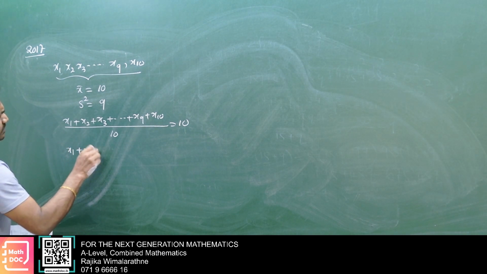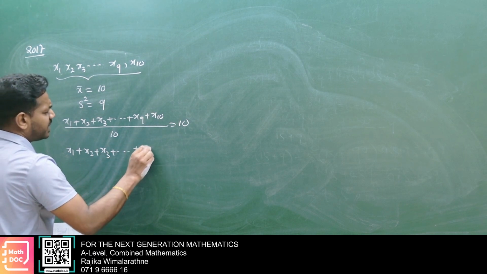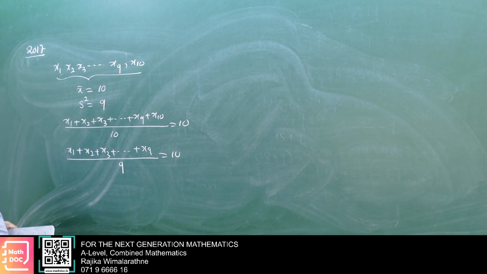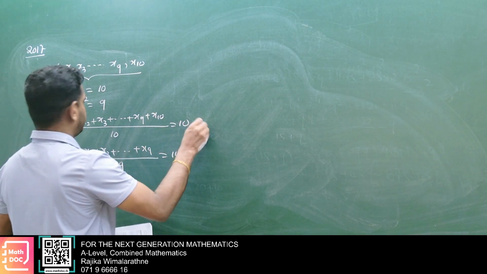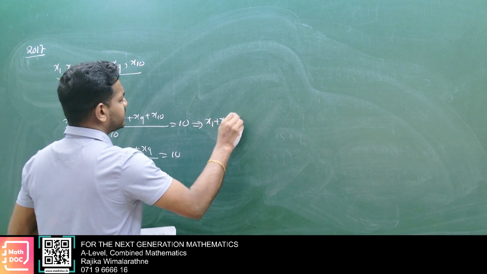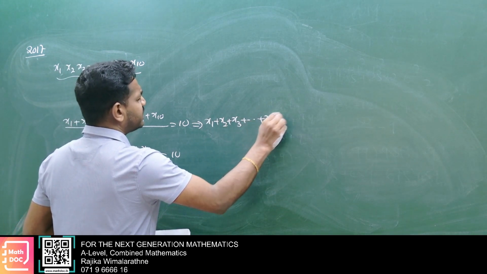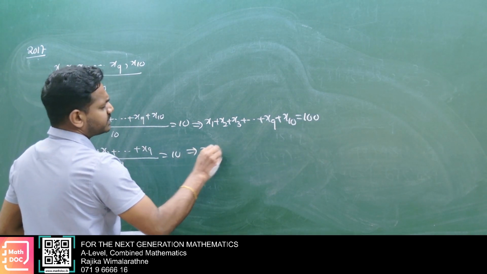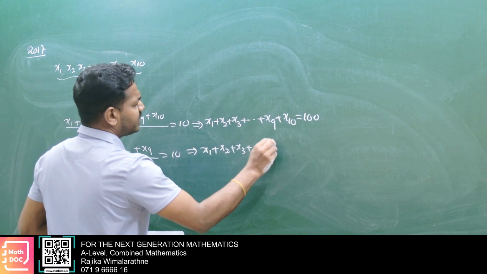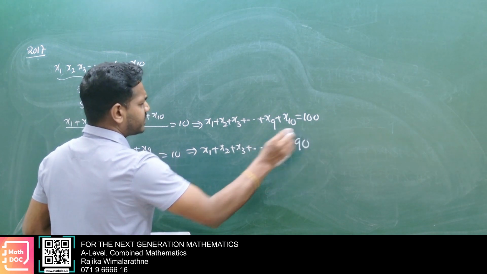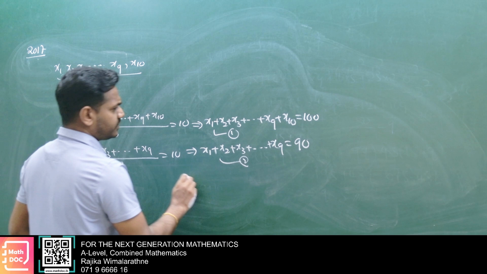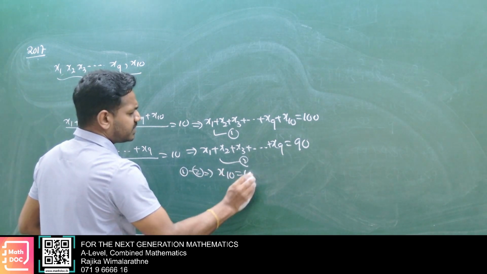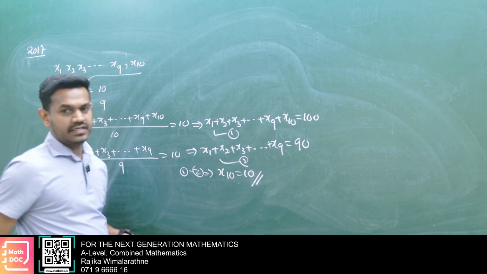Further, x1 plus x2 plus x3 up to x9, over 9, is again given as 10. Therefore the sum of x1 to x10 equals 100, and the sum of x1 to x9 equals 90. Subtracting the second from the first, x10 equals 10. Then the value that we remove.